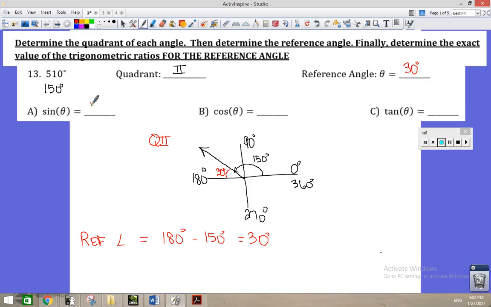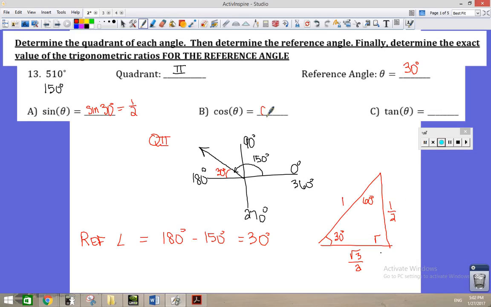Well, I know that already because 30 degrees is one of my special 30, 60, 90 degree triangles, and I know that I have 1/2, 1, square root 3 over 2. So the sine of theta, when theta is 30 degrees, that's 1/2.